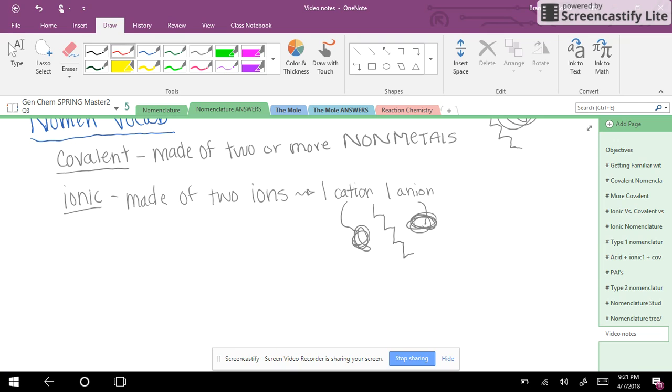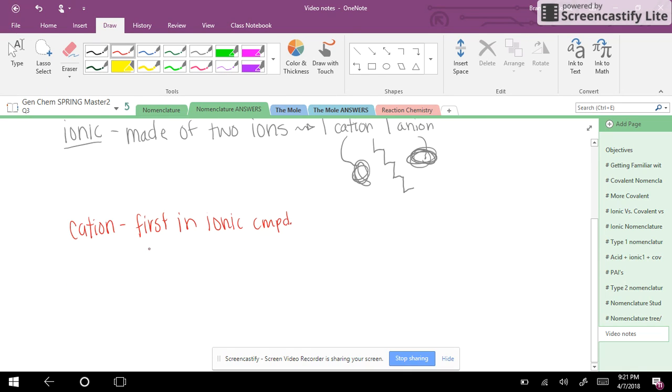So now I guess we should define cation and anion. So a cation always comes first in an ionic compound. And it's a particle with a positive charge.